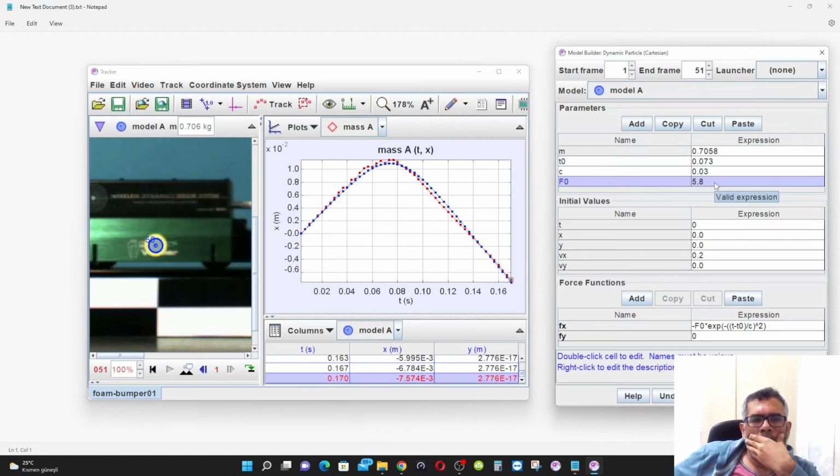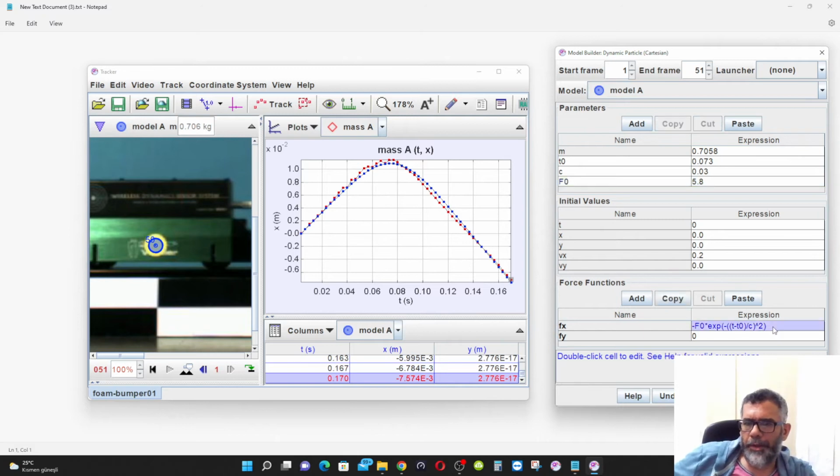Okay, so that's it. I mean, this is done, but what we have used over here, we modeled the force as a bell-shaped curve. But this expression, which is some exponential of (t minus t0) divided by c, squared, is not the only function that produces a bell-shaped curve.